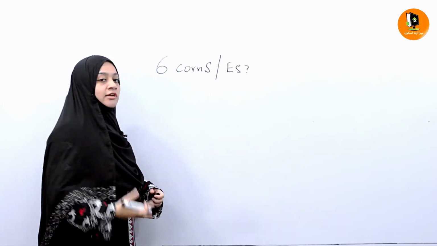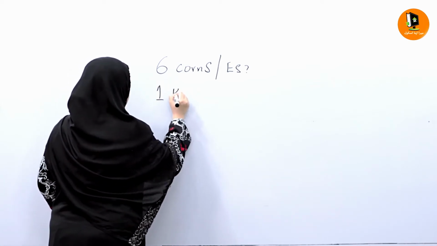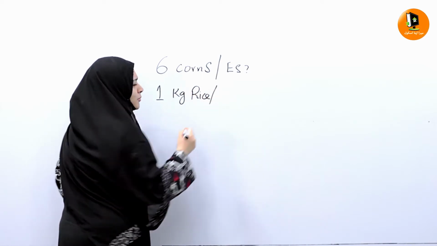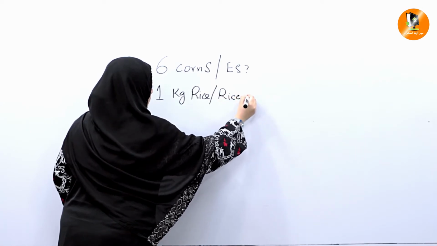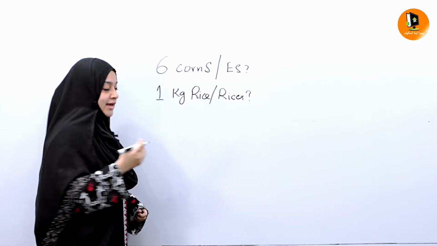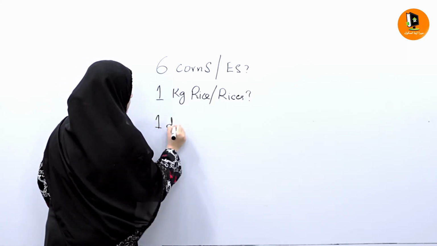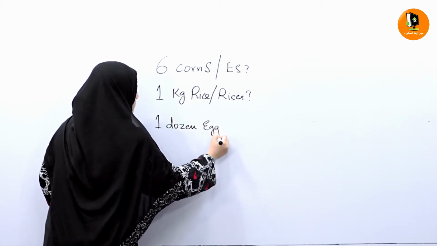Similarly, you will need rice. So, 1 kg rice, or maybe rices. What is correct? Again, when it comes to eggs, for example, you are asking for 1 dozen eggs.